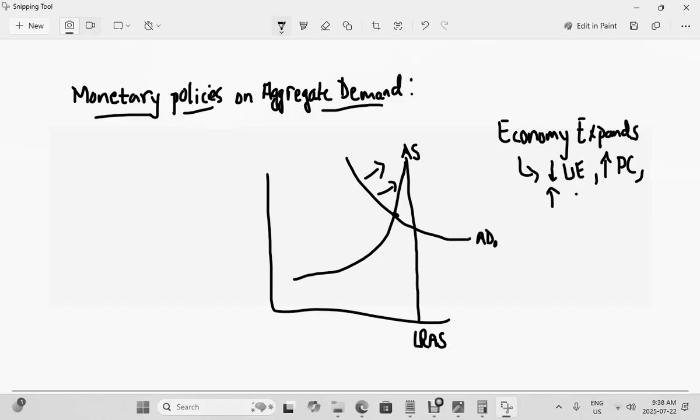So this is capital expenditure, so CE. All right, and this makes the aggregate demand curve shift to the right, and this is for an expansionary policy. So this is expansionary policy, and it's shifting to the right towards your long-run aggregate supply curve, also known as potential GDP.